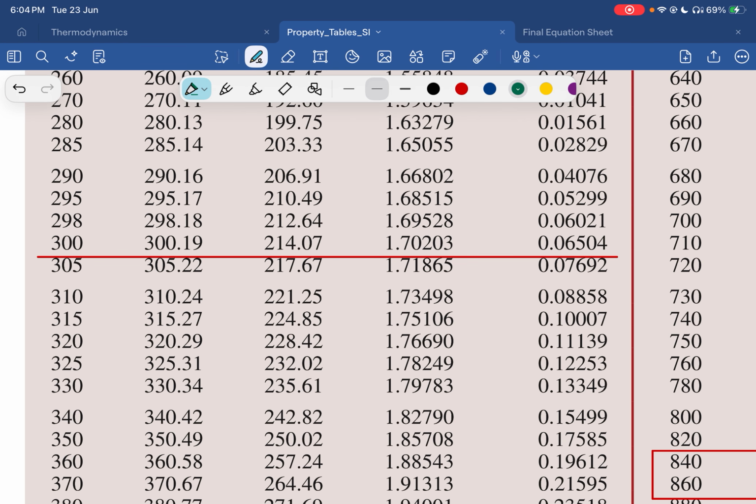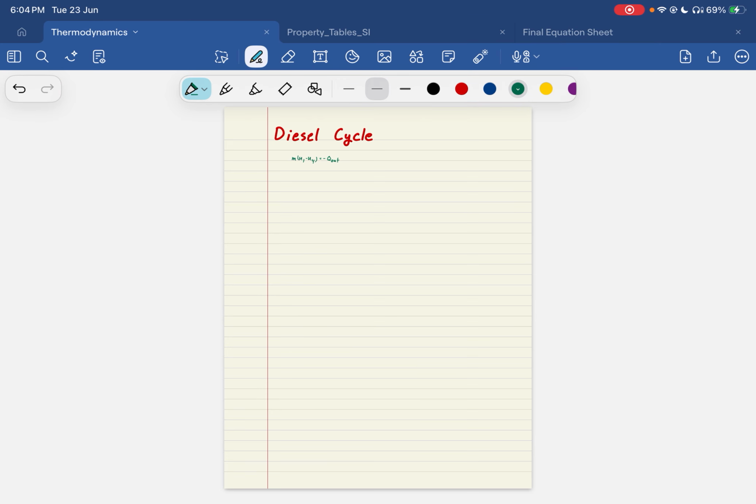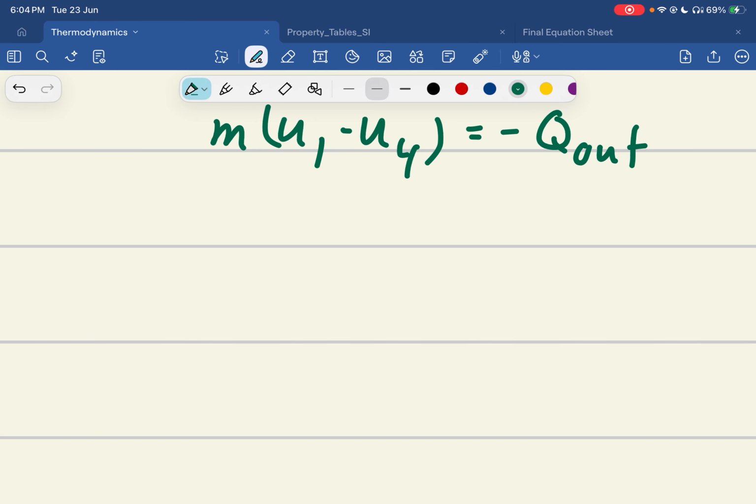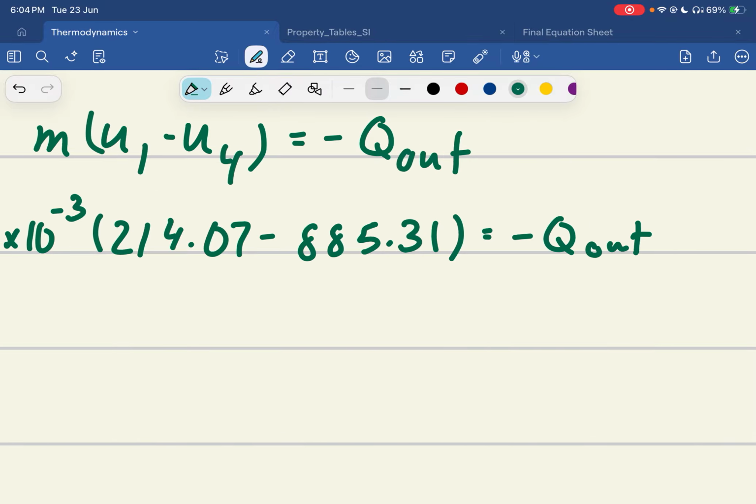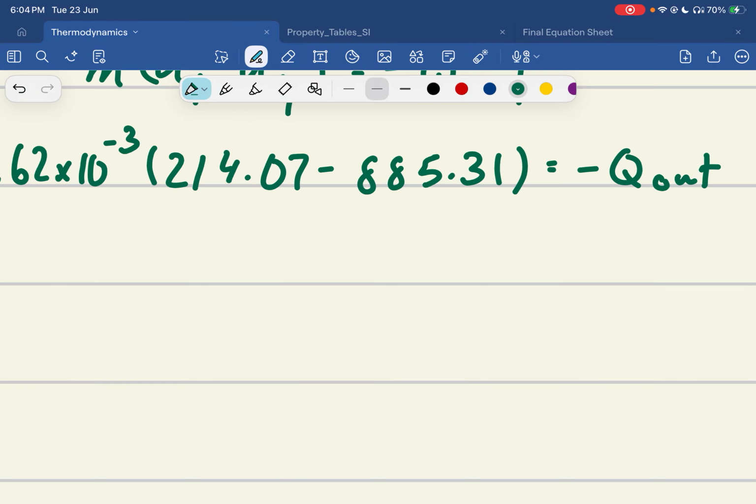So it's 214.07. And that's going to give you Q out equals 4.44 kilojoules.